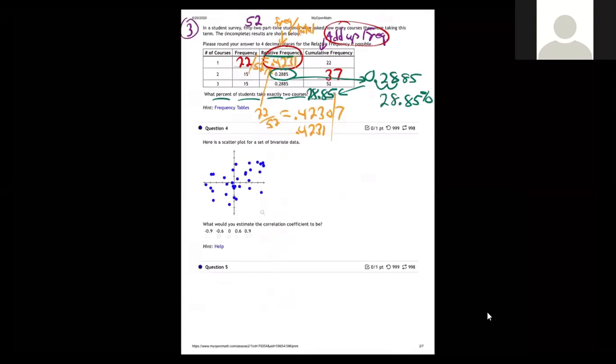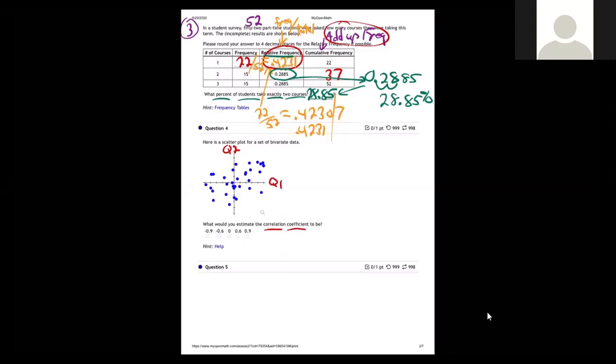All right, so here's question number 4. Now, a scatter plot is a bunch of those dots that we just did. So this could be quiz 1 and quiz 2 again. I don't know what it is. But look at how those dots are laying out. Now, what we do is we try to form something called the correlation coefficient.